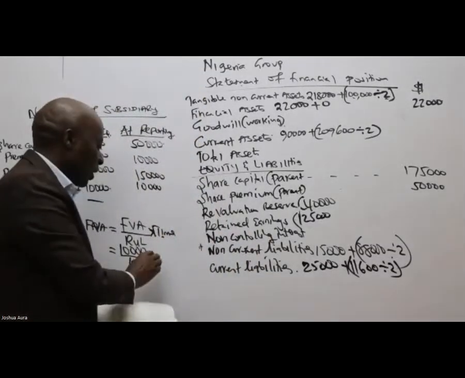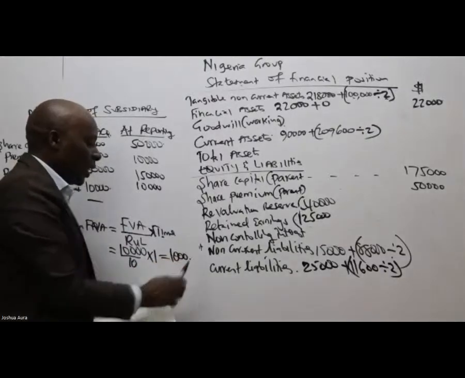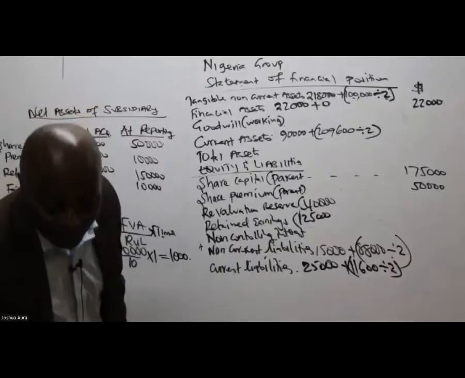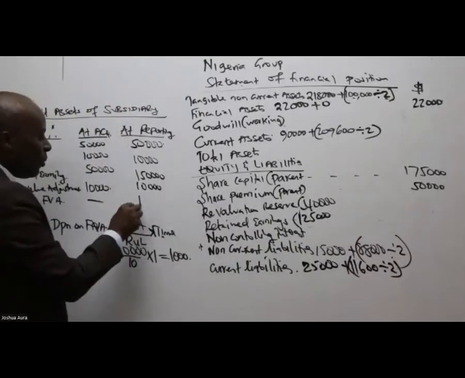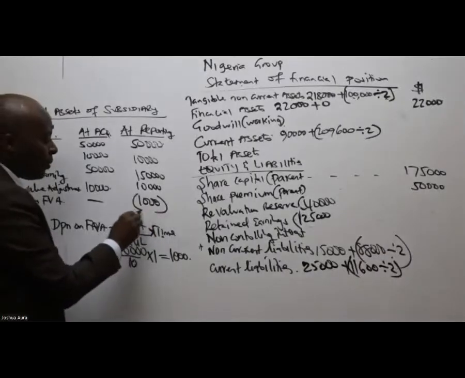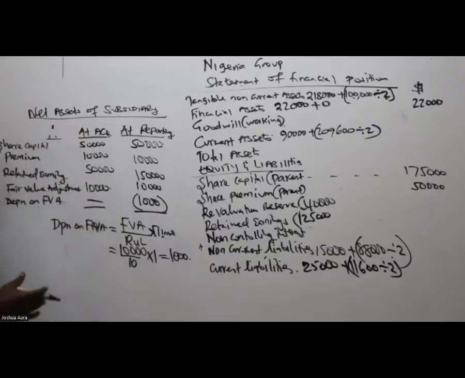So times one. This gives us 1,000, being the depreciation on the fair value adjustment. This is what I will bring here. And then I would expect you now to give me the total figures.